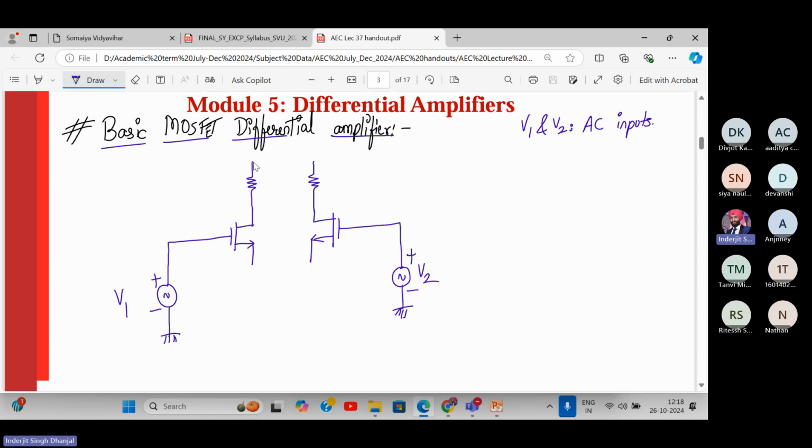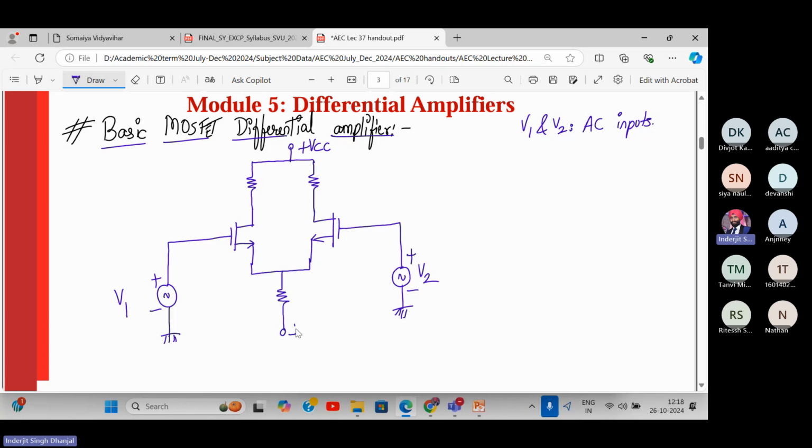Now, here is my positive power supply. Here we will have a source resistor and a negative power supply, VEE. We can call it VSS, sorry. This we can call VDD, and this is VSS.